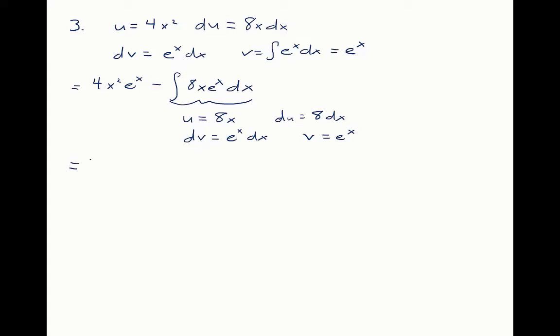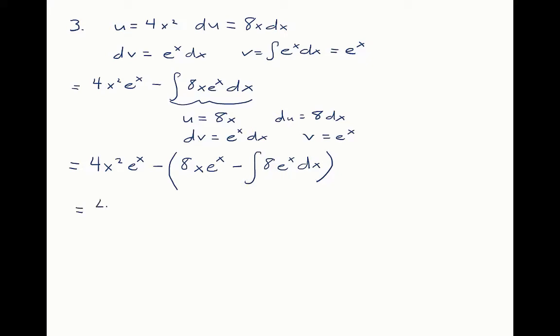So we need to plug this back in, and we have, well, we still have our 4x squared e to the x, and then we subtract our u times v, 8x e to the x, minus the integral of v du. So that's 8 e to the x dx.